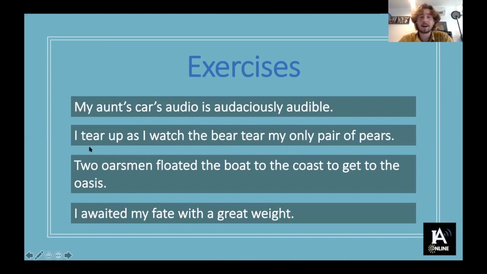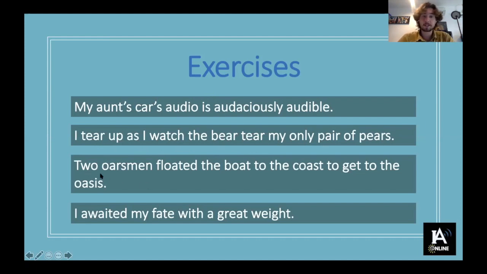So I tear up as I watch the bear tear my only pair of pears, the fruit. So the stressor here is the air, and also ear. I tear up as I watch the bear tear my only pair of pears.